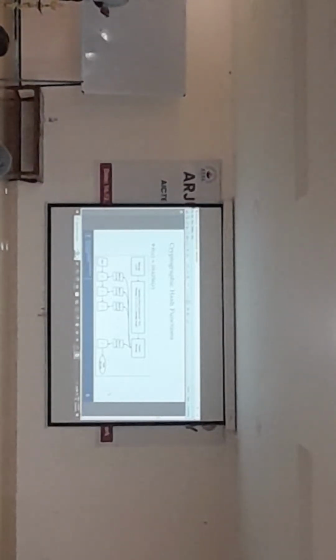Quick review about this hash function which we talked about in the morning, the SHA-256, which is actually used in the blockchain. So your message could be of any length, could be more than 256 or less than 256.